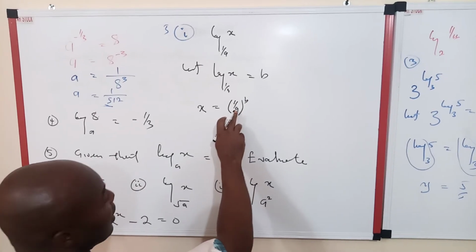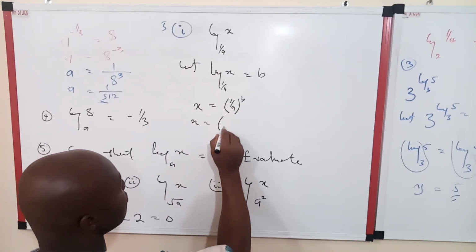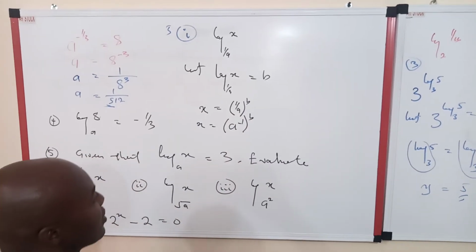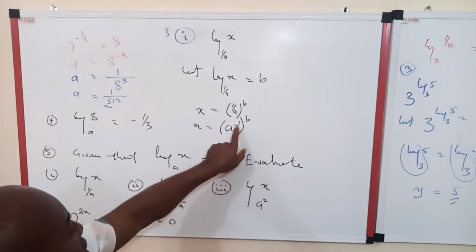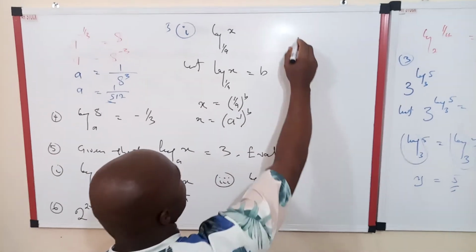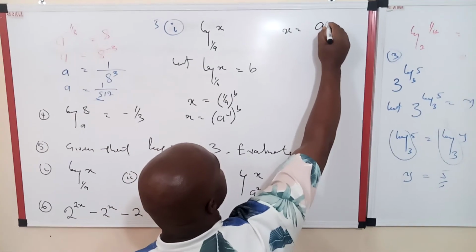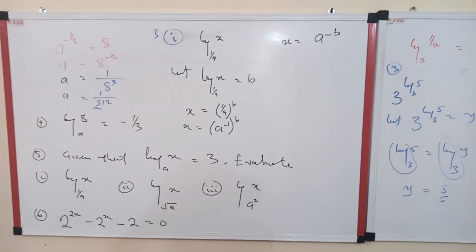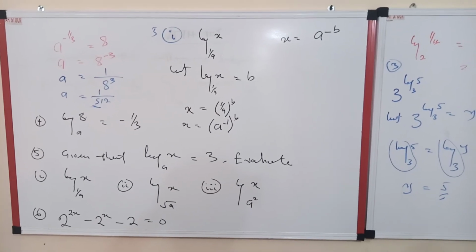Now this base here, we can also rewrite as a to the negative 1. Once you simplify it up to this point, you can introduce this into this bracket, and multiplying, we are going to have x will be equal to a to the minus b.